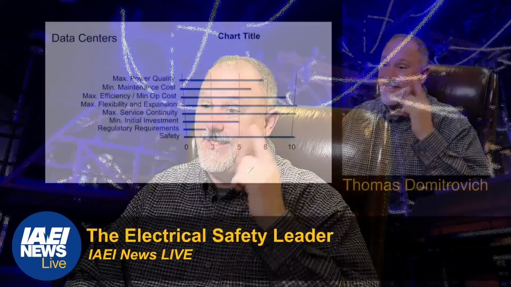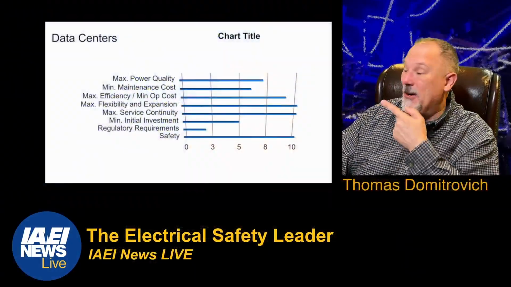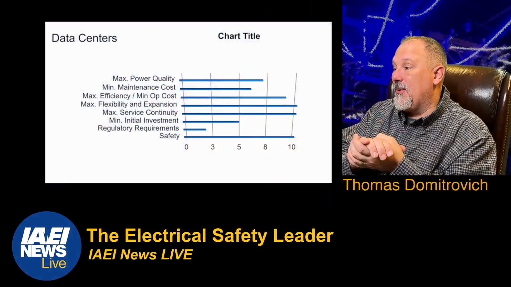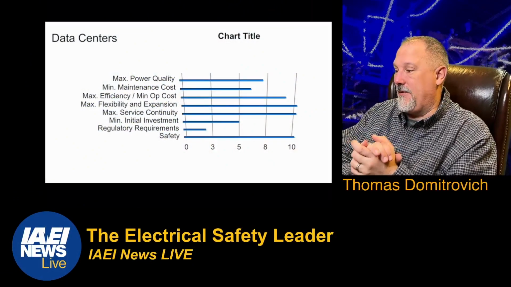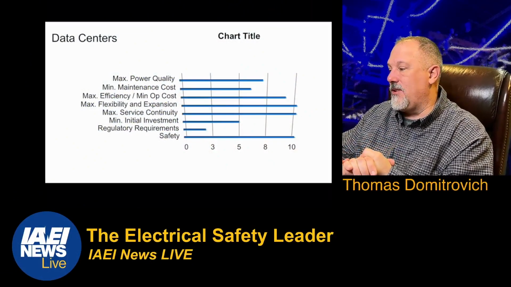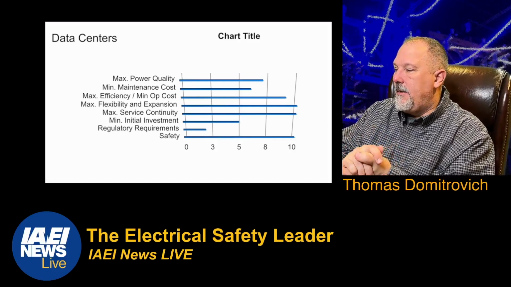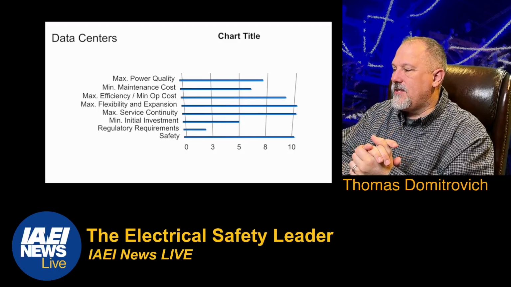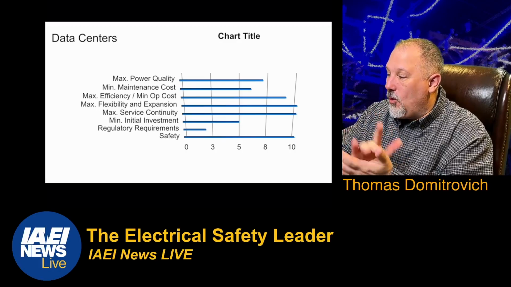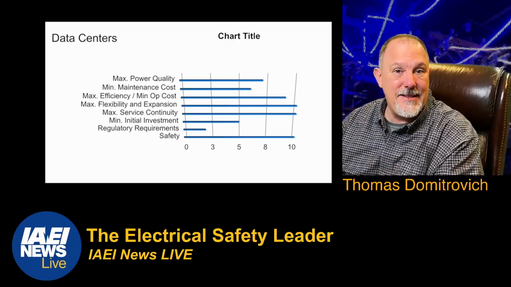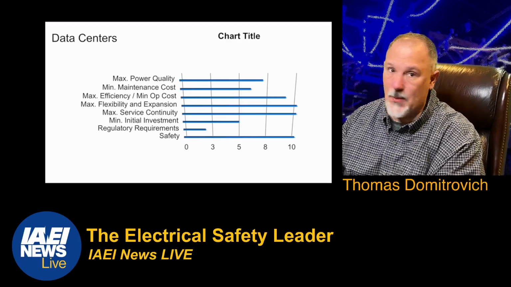How about data centers? Here we go. Maximum power quality, obviously very high on the list. I'm not sure why it's not up there with the same as safety. Minimum operating costs. They want flexibility and expansion. It's a data center. That's what they do.